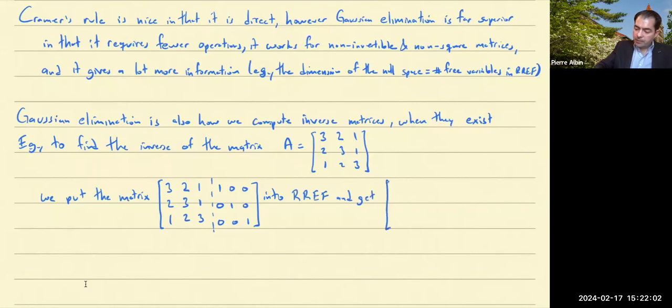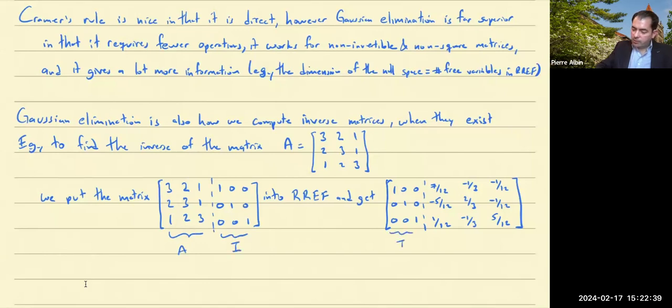And what you would get would be the identity matrix followed by 7 over 12, minus 5 over 12, 1 over 12, then minus 1 over 3, 2 over 3, minus 1 over 3, minus 1 over 12, minus 1 over 12, 5 over 12. Right? So here you started out with A augmented with the identity, and then at the end you end up with the identity augmented by A inverse.